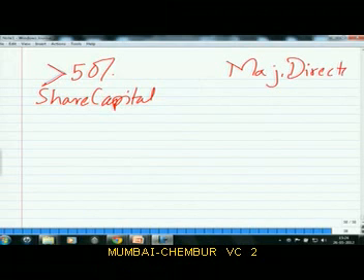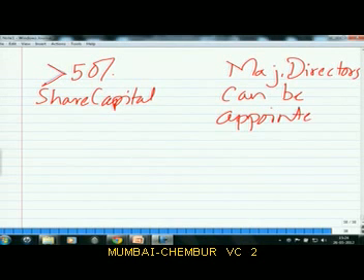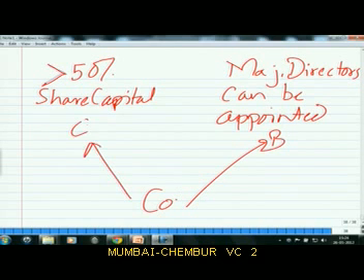Majority directors can be appointed by the holding company. So in many situations we have found that A company can be a subsidiary of B as well as C, because C holds more than 50% and majority directors can be appointed by B.